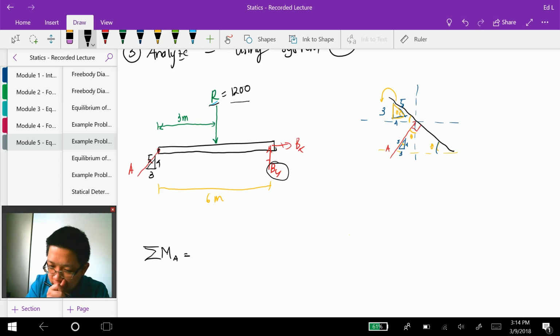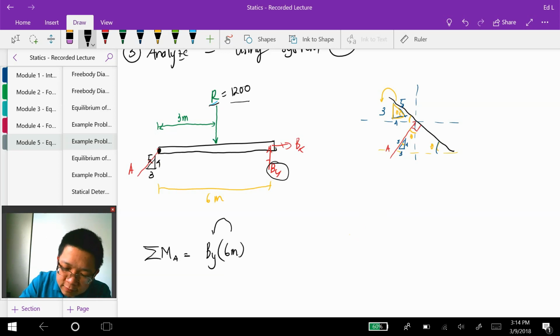So the sum of moment at A is By times 6 meter. With respect to point A, By is going upward, so it will have a counterclockwise rotation, and here it will have a positive sign.